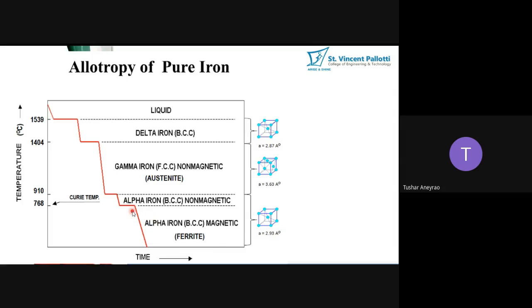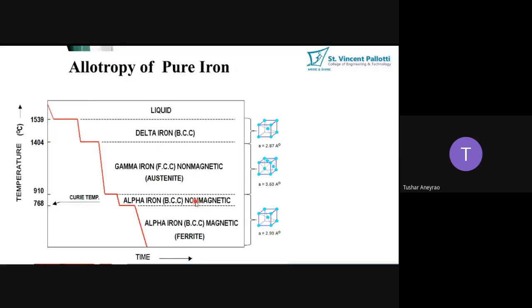Then this alpha iron is getting converted at 768 degrees centigrade: initially this iron is in a ferromagnetic state, and now it will get converted into a paramagnetic state, so it is non-magnetic.